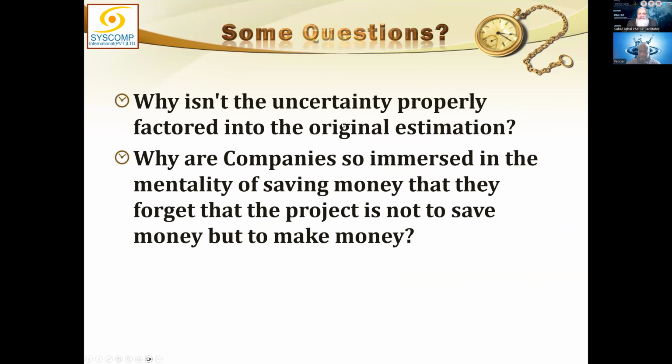Why isn't the uncertainty properly factored into the original estimation? So, question arises, why did we not consider what is happening to us now? Why are companies so immersed in their mentality of saving money that they forget that the project is not to save money but to make money? Very important point, right?